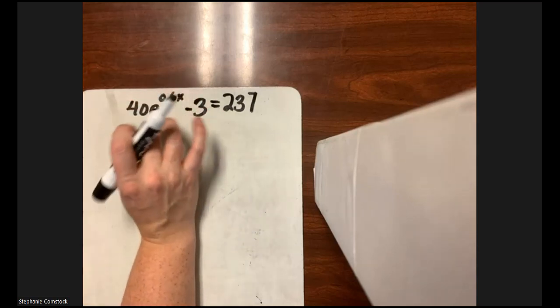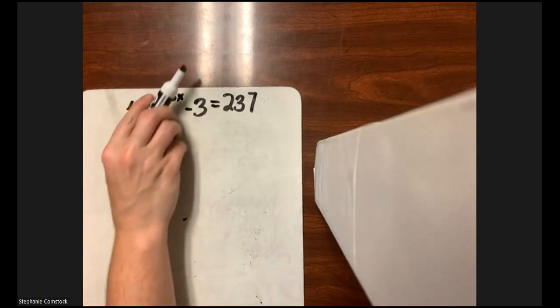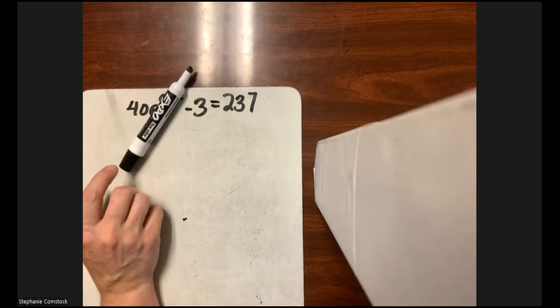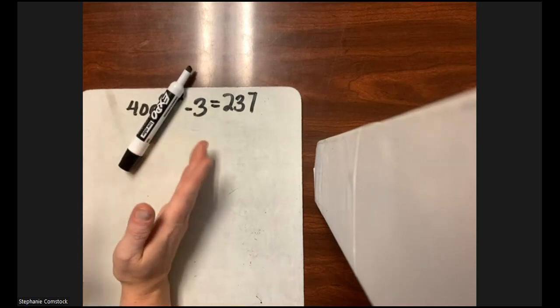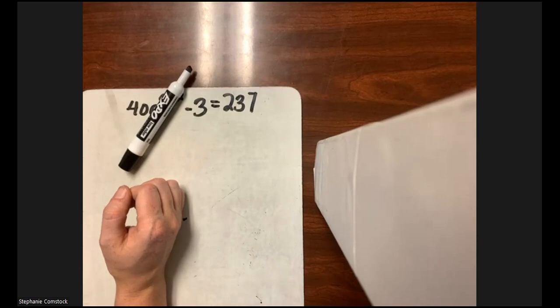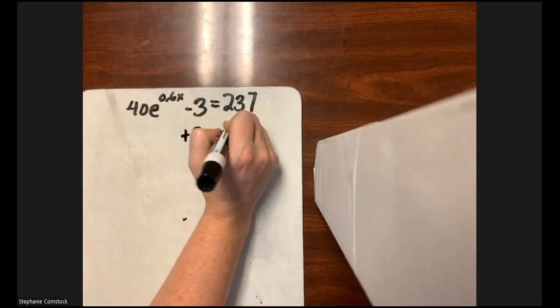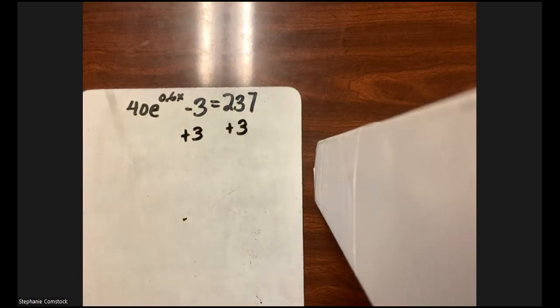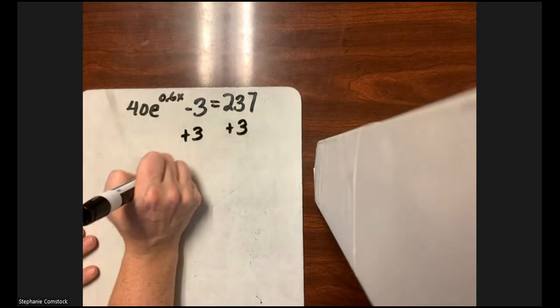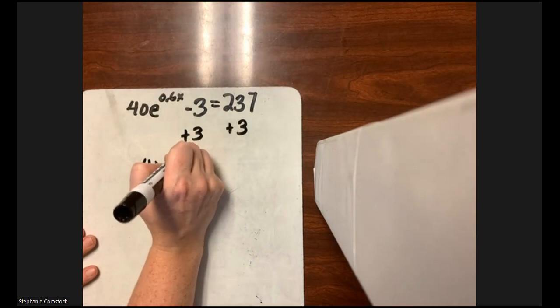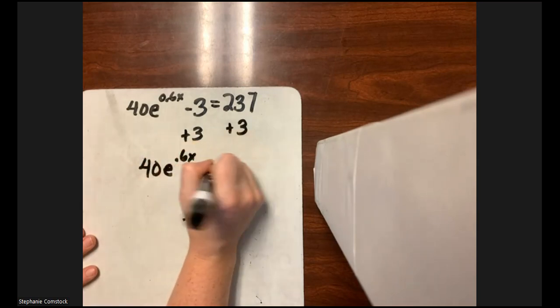If this is where my variable is, okay, so if I were to kind of cover that piece up and I had 40 marker minus 3 and I was trying to solve for marker here, then the first thing would be add 3 and clear that off as if this were a regular equation. And so this is going to be 240.